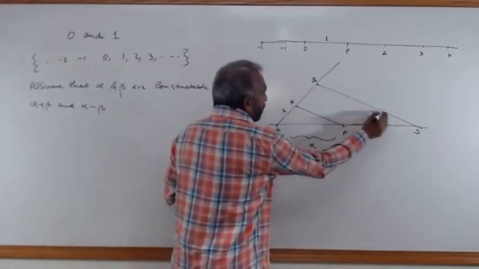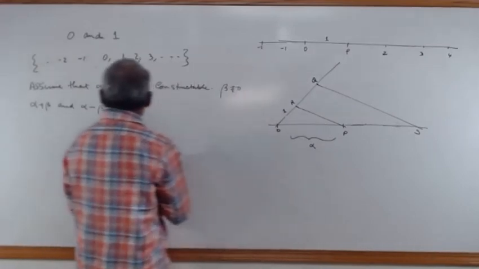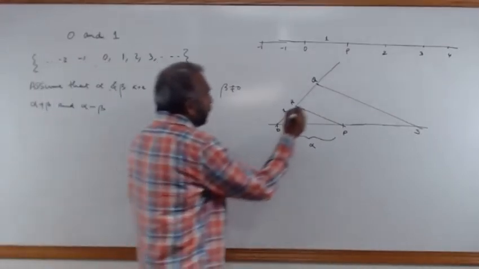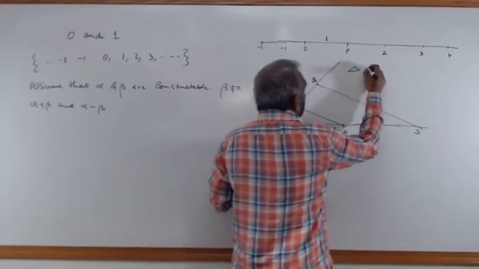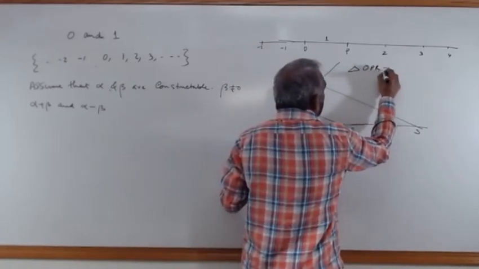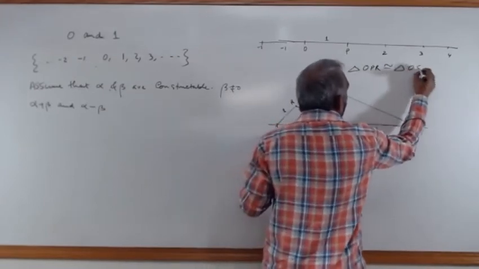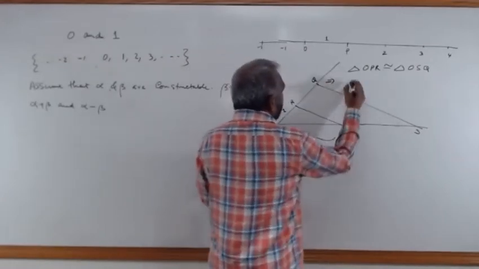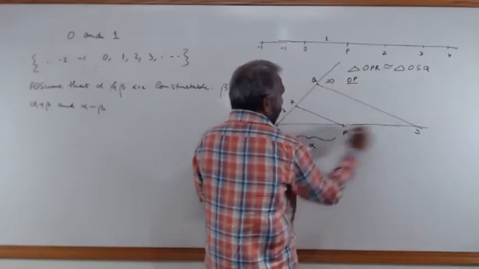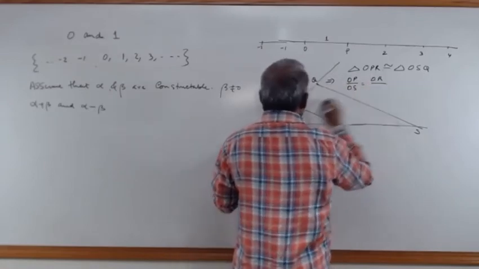Because these two lines are parallel, these two triangles are similar. That means triangle OPR is similar to triangle OSQ. That means OP by OS equal to OR by OQ.